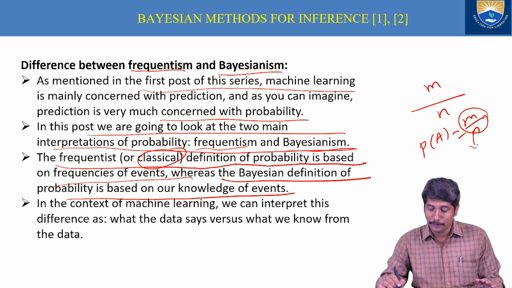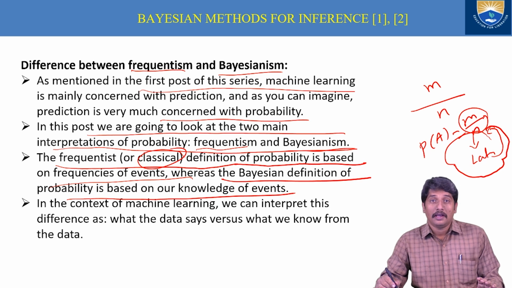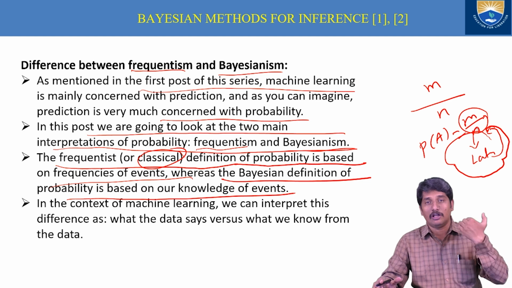Apart from that, you take the latest information, update your probability by adding the latest information, and revise the probability. Again, the revised probability helps you get updated with the latest information, and that is used again to estimate the probability. So this is a cyclic process. That means we always use the updated information.